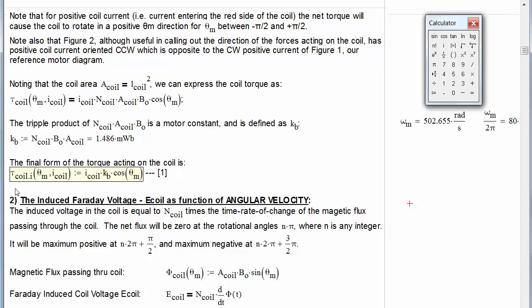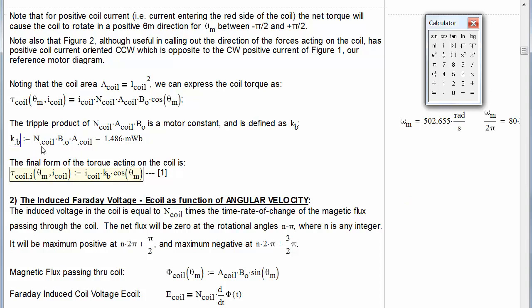Okay, so we can calculate a final form for the torque. That is a function of the position of the rotor, or the coil, and the coil current. And that is equal to the coil current times a motor constant that is defined right up here.